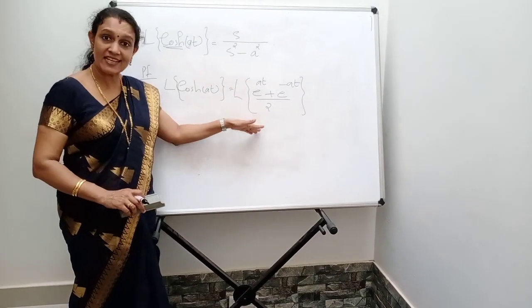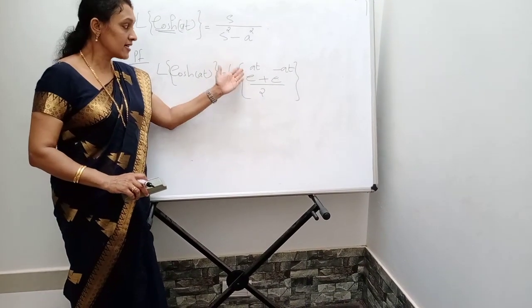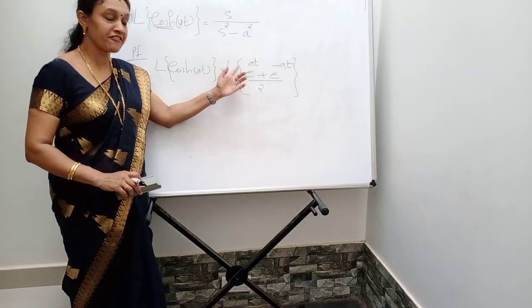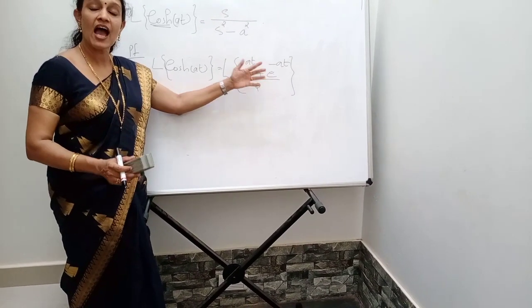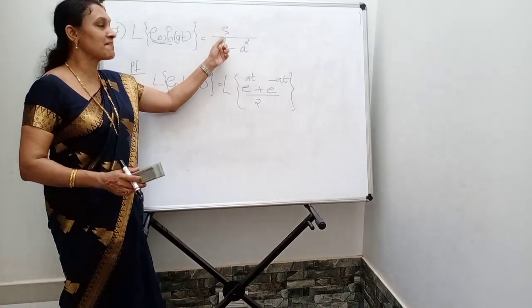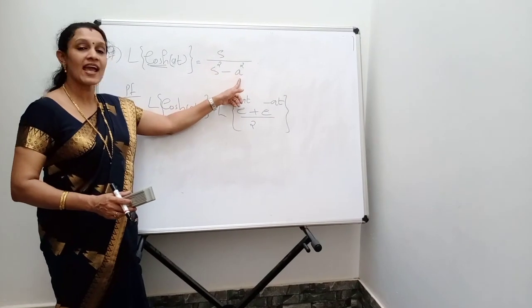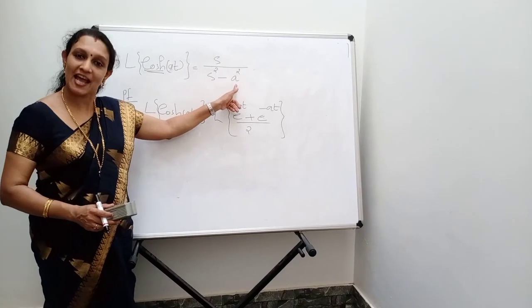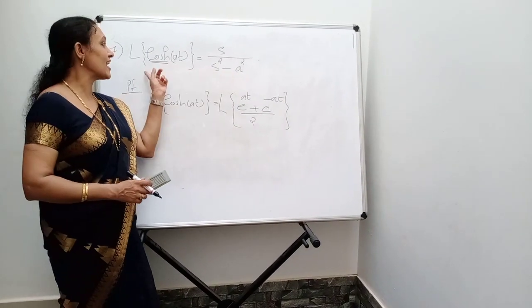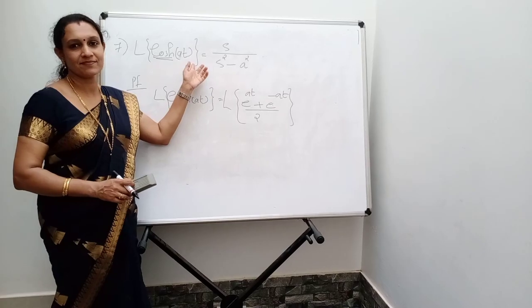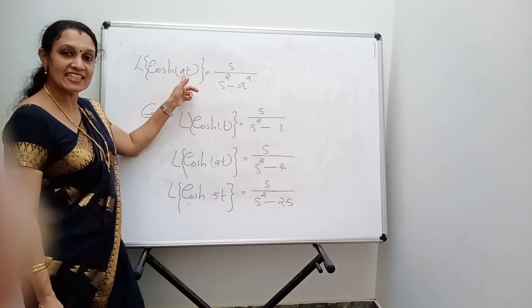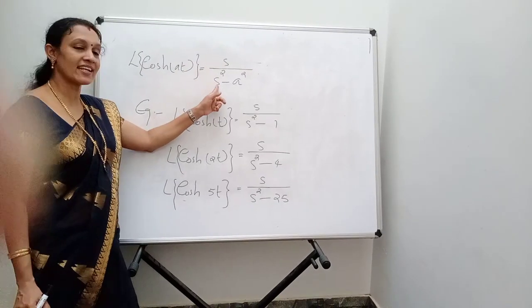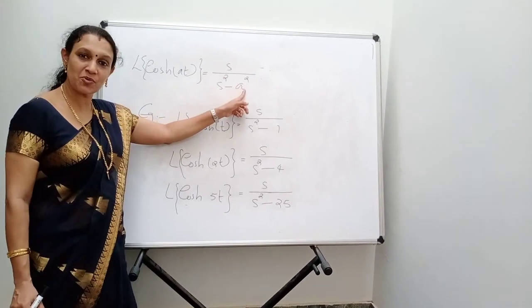Okay, you can apply the linearity principle, then consider the Laplace transform of e raised to at and e raised to minus at separately and do the simplification. You will get the same answer, s divided by s square minus a square, and I am leaving it to you. Just calculate L of cos h at. So we have L of cos h at is equal to s divided by s square minus a square.